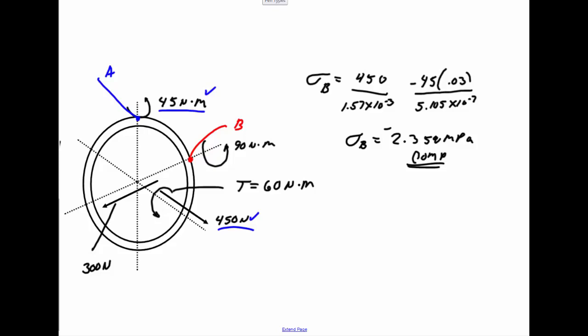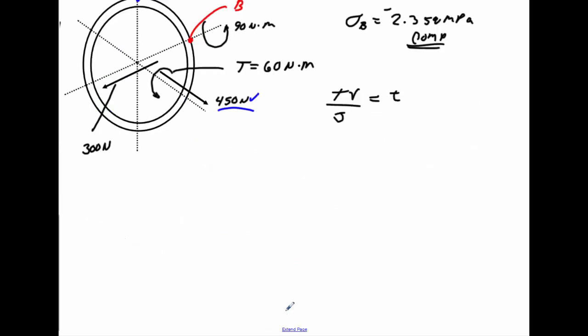Now, the other thing that we would have on this one is just going to be our torque. So we can say using TR over J equal to the torque value here. Then the only torque that we have occurring on this piece is going to be this torque right here, or this moment around here, 60.